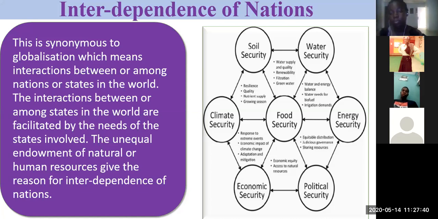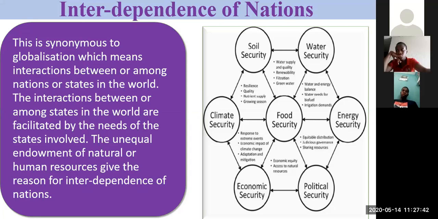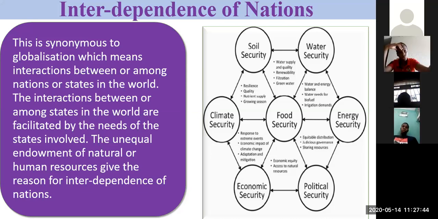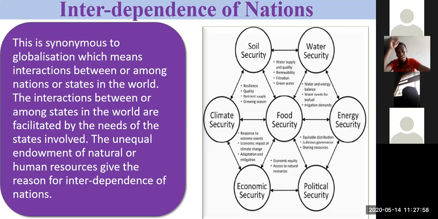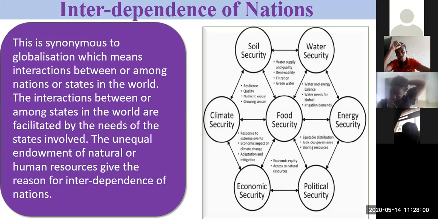And you understand? Yes, sir. Good. Who is here again? Obasloye is following me. Nifemi, do you get the meaning or the concept of interdependence of nations now? Yes, sir. All right, that is good.